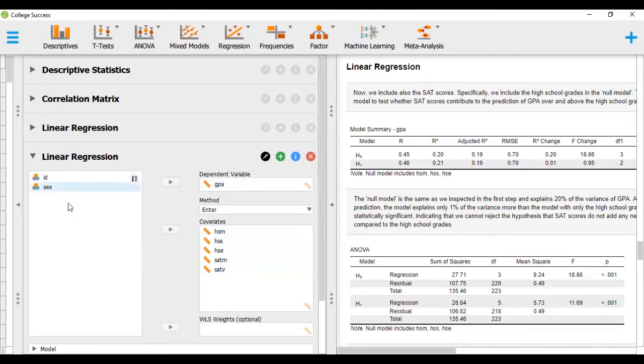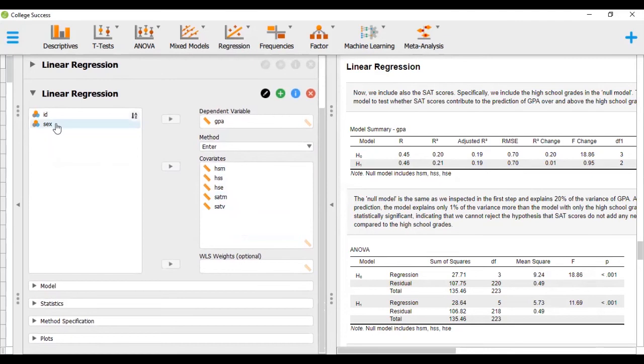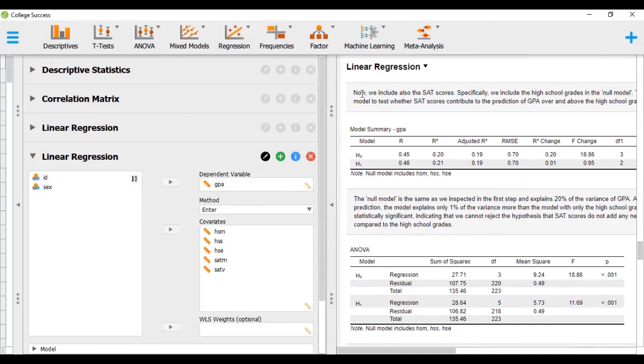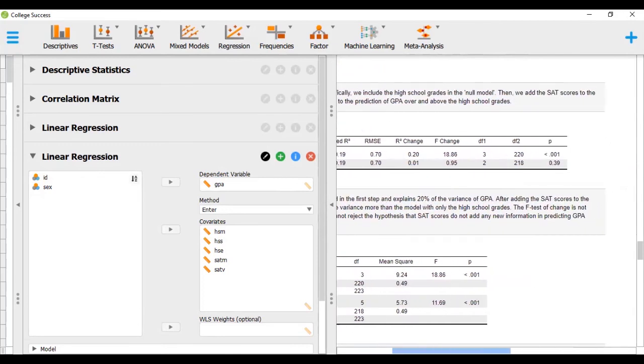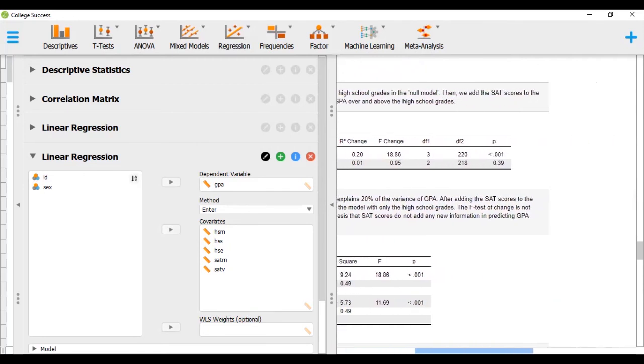Now, we intend to also add the SAT scores. So we have added the SAT scores, and want to see how they also predict the GPA. So we click there and we have that. Now we include the SAT scores. Specifically, we include the high school grades in the null model, and then we add the SAT scores to the model to test whether SAT scores contribute significantly to the prediction of the GPA over and above the high school grades.